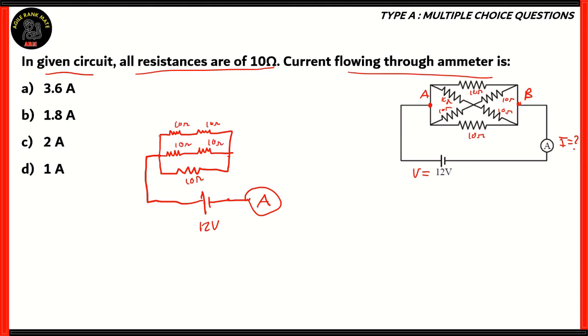These resistors are 10 ohms each, and finally you have a 4th line which contains a resistor of 10 ohms. So this is how the new circuit would look like. This is how the circuit, when you draw it into simpler terms, would look like.